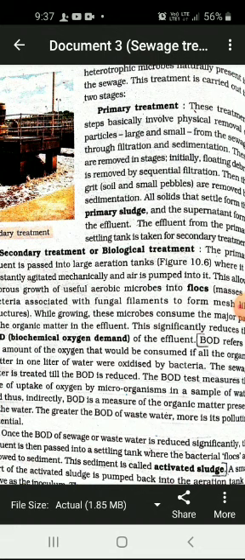A small part of the activated sludge is pumped back into the aeration tank to serve as inoculum. There, the activated sludge containing bacteria and fungi starts to grow again, and air is supplied into the tank. Mechanical agitation is there, so air scarcity is not at all faced by these microorganisms.